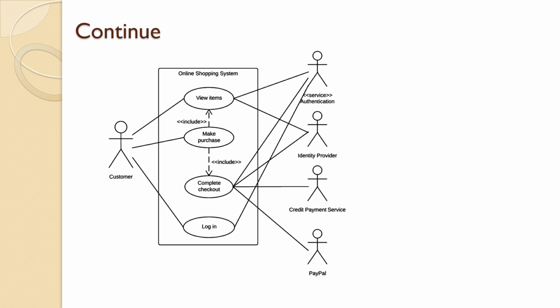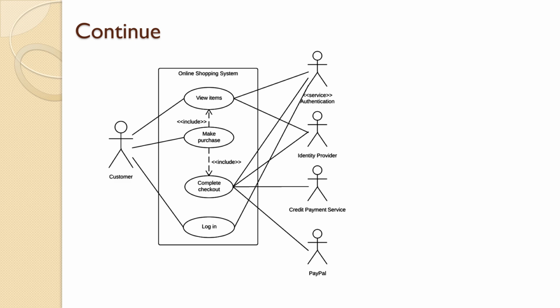This is an example of a use case diagram for an online shopping system. The customer is only one actor involved, while for the system administration there are many involved. First, the customer will view the items, then authenticate and make a purchase.